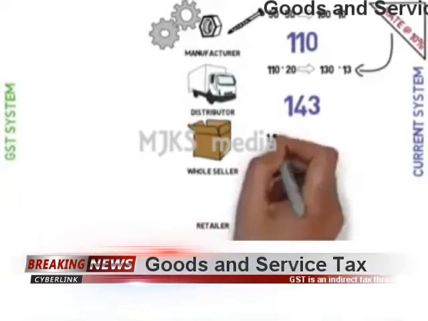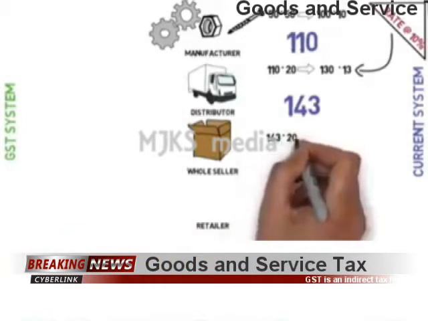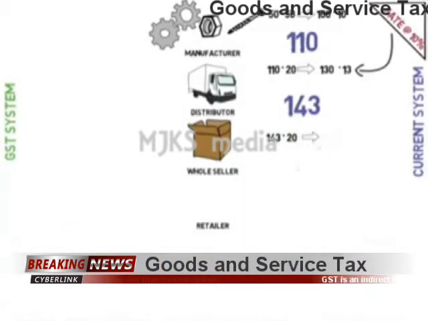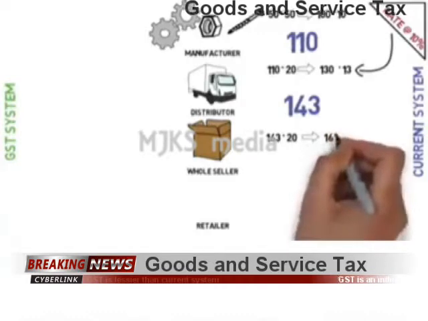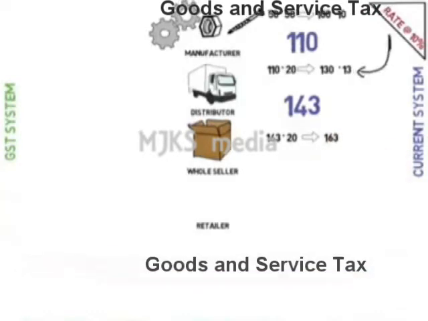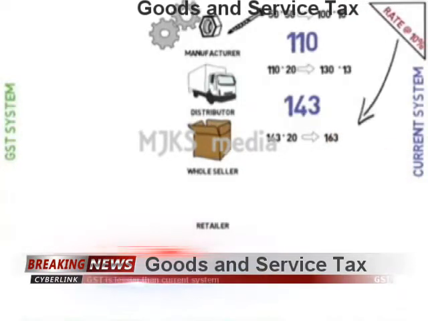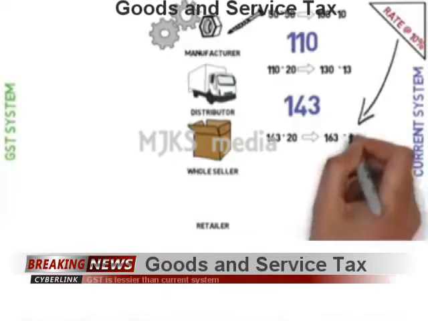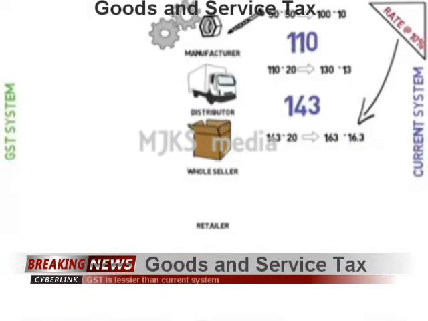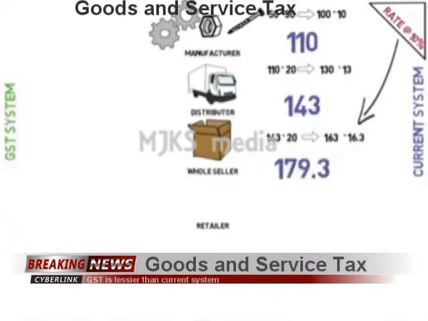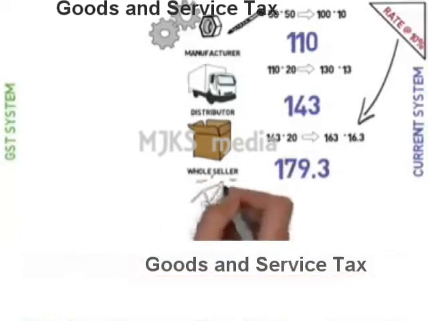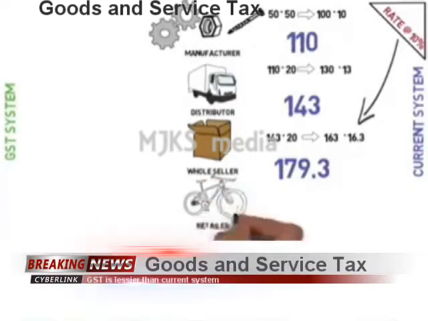The wholesaler follows the same pattern and the price will become 143 plus 20, that is 163, and 10% tax, which is 16.3 rupees, and sells it for 179.3 rupees to the retailer.